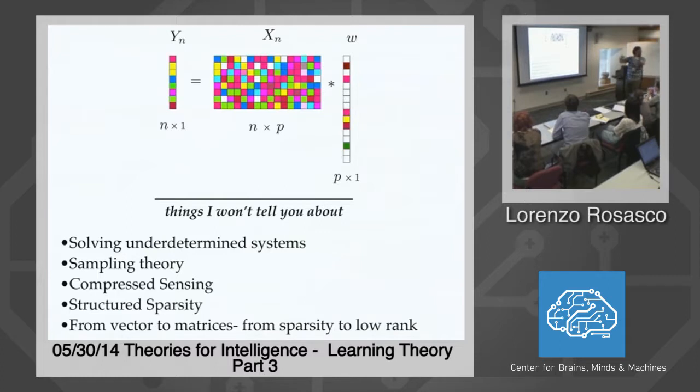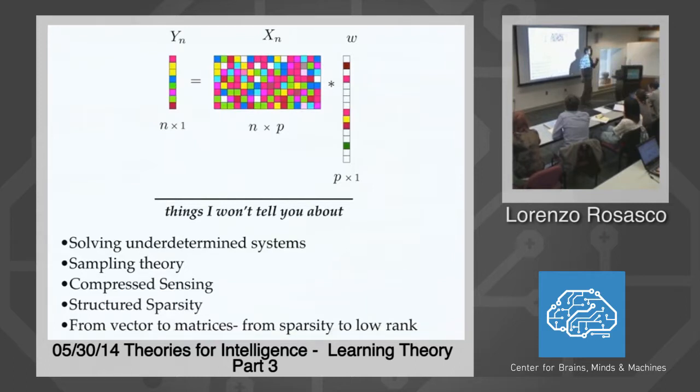And what if my groups are actually a hierarchy? Okay, I have a big group that's split into other groups. Can I impose this kind of prior? And this is what people are calling structured sparsity. Okay, group lasso. And in fact, you can combine this idea with kernels, and you get multiple kernel learning ideas. And this is all somewhat a complication of this, but lots of the tools will remain kind of the same.